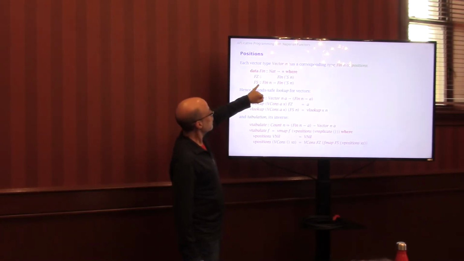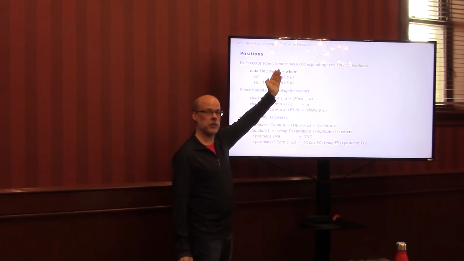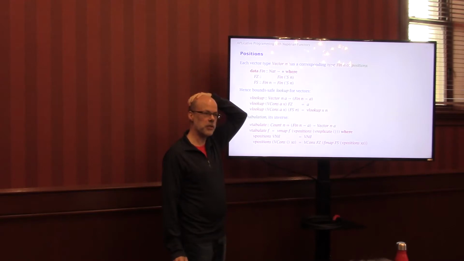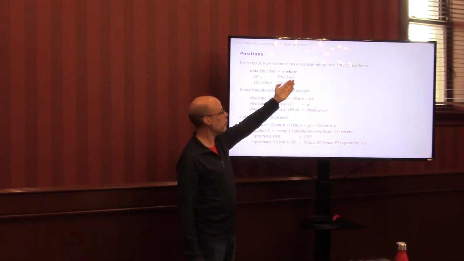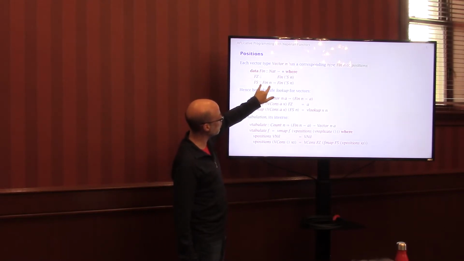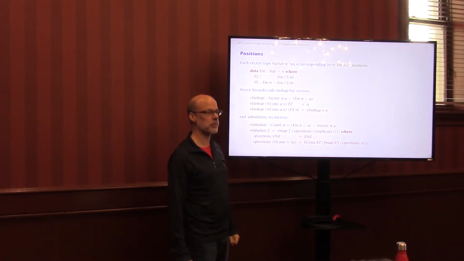There are no ways of making Fin zero, so there are no elements of type Fin 0, that's the empty type, the type with no elements, that's good. And there are two ways of making Fin of the successor of n. There's a constant zero, and there's one way of embedding the Fin n into the Fin successor of n.